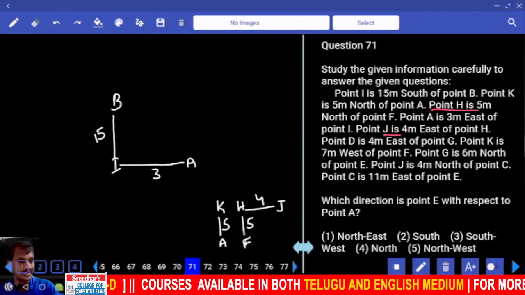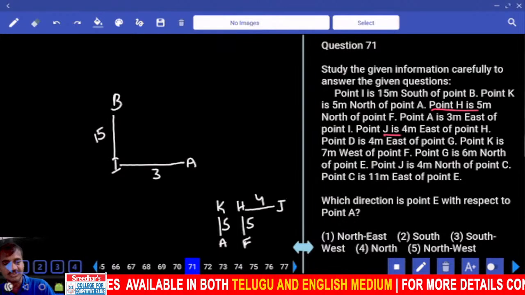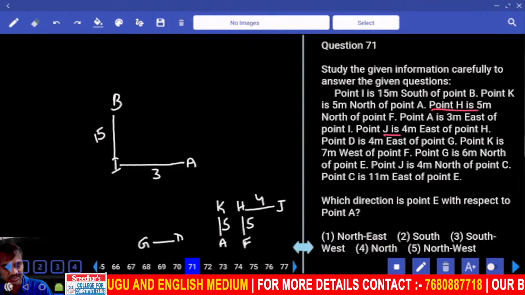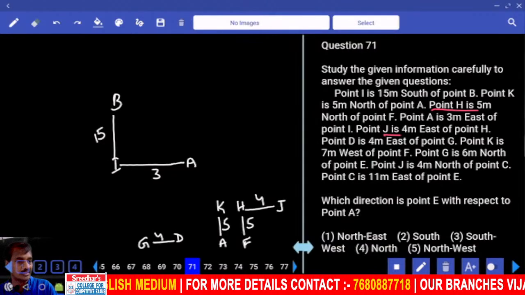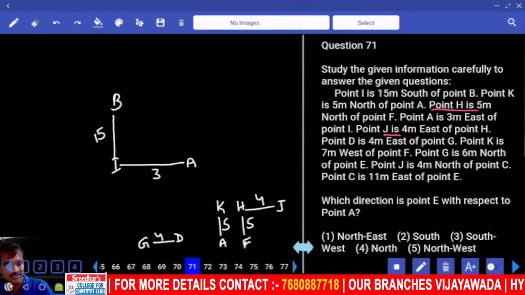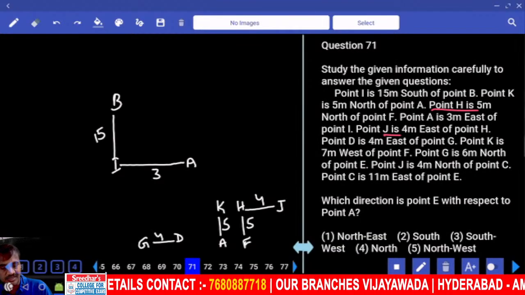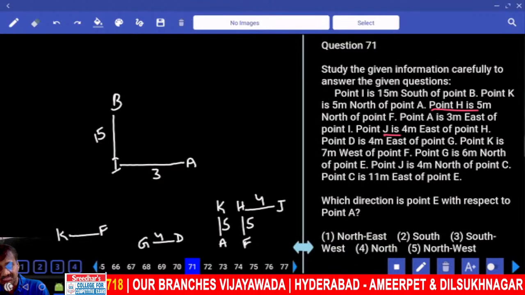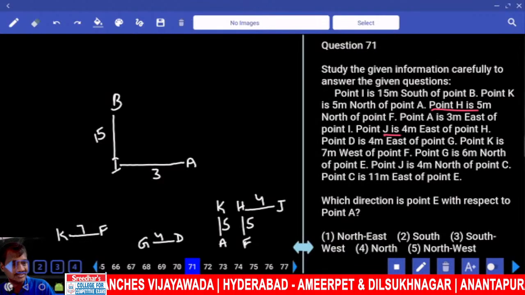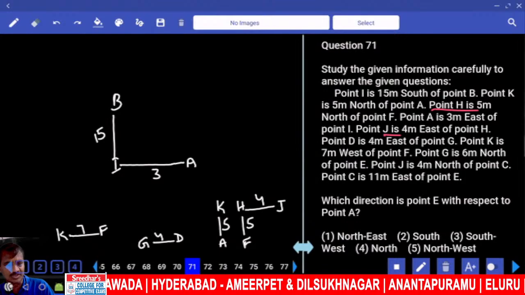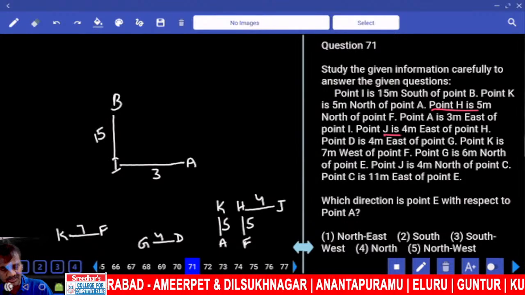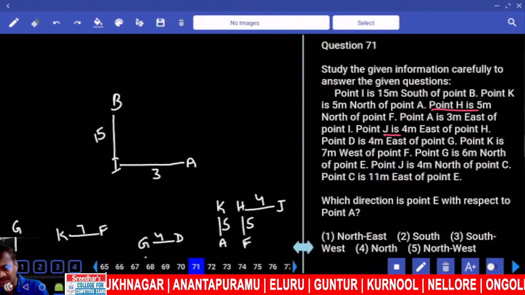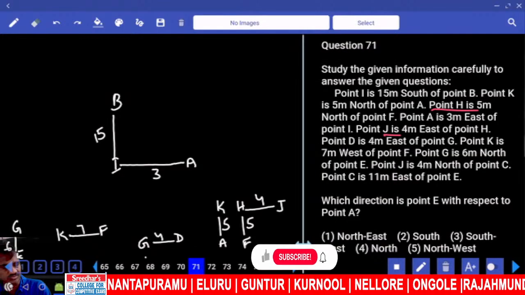Then the next one, D is 4 meters to the east of G. The distance between D and G is 4 meters. And K is 7 meters to the west of F. G is 6 meters to the north of E. Now G is here, E is here, the distance is 6 meters.